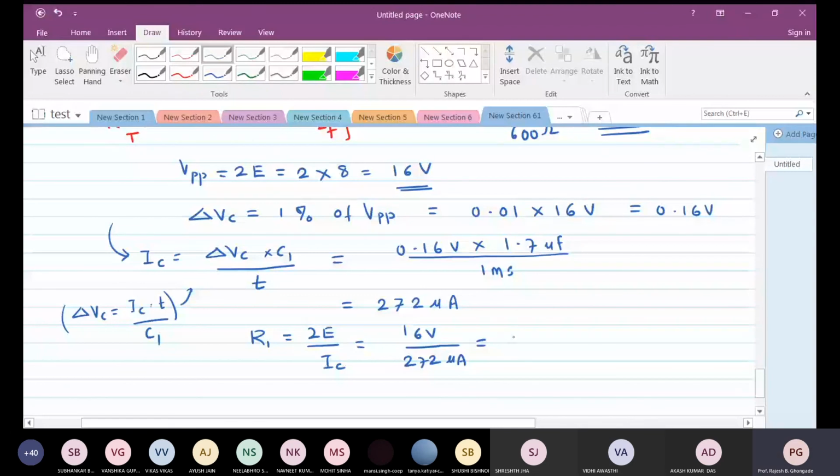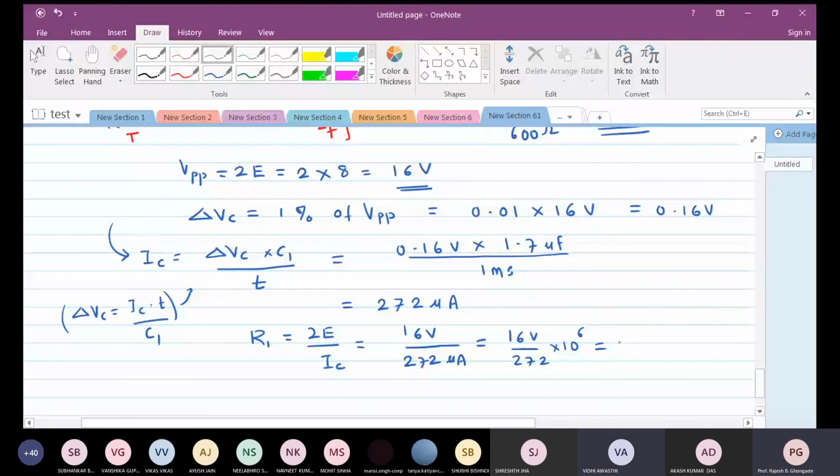To simplify, this is the simplest trick that you can use. How much is this? Come on, guys.